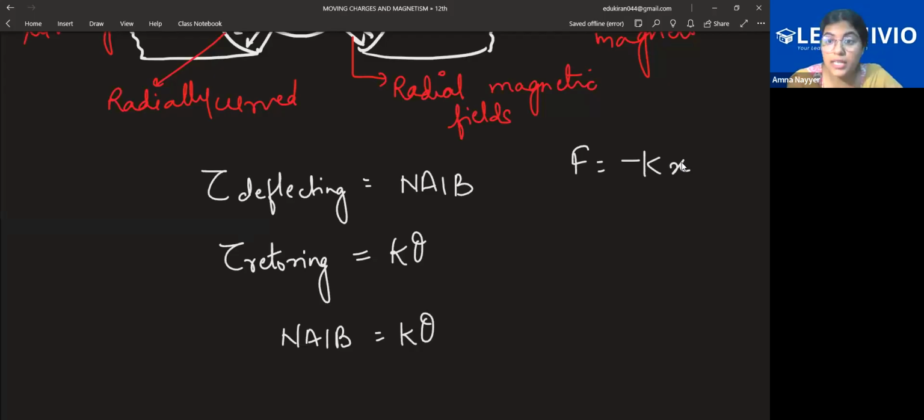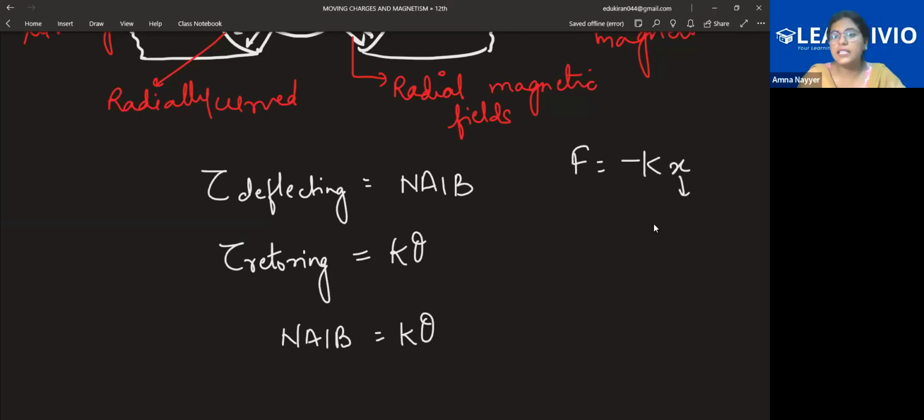The negative sign shows the direction, which is pointing away from the displacement, and k is the spring factor. We have revised it in this batch also, and you already have studied this portion in your class 11, waves and oscillations, waves and SHM.